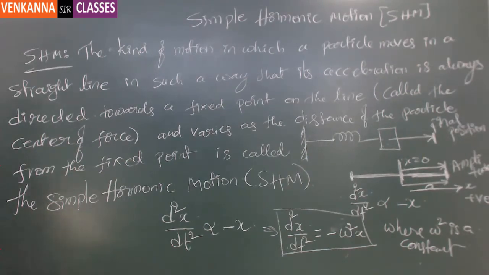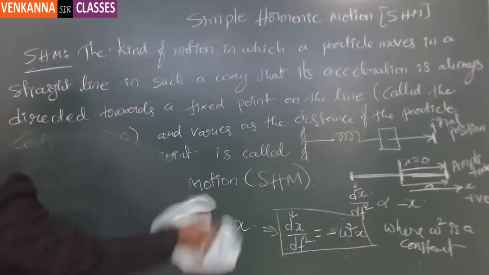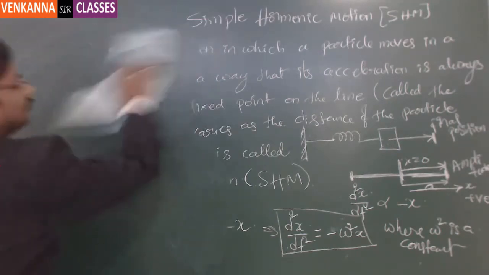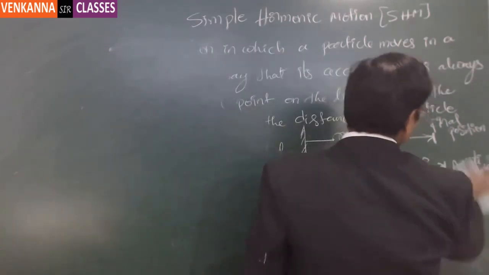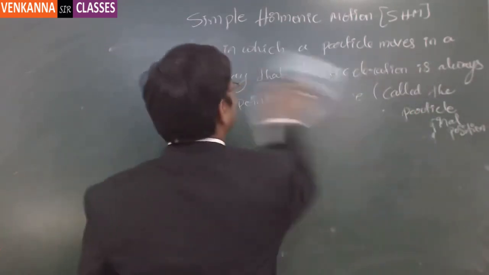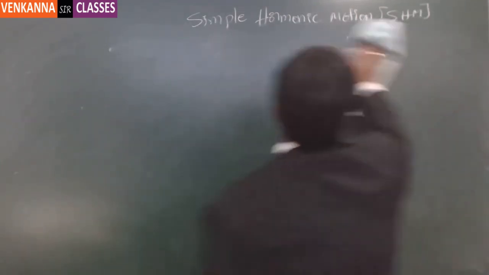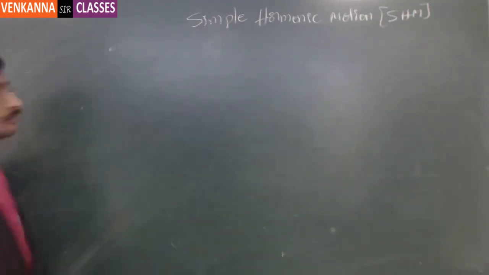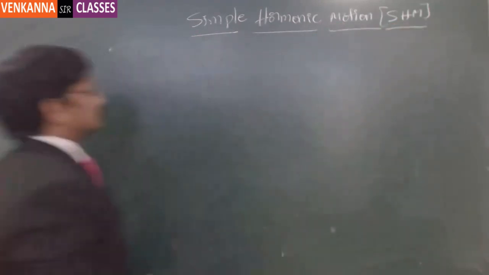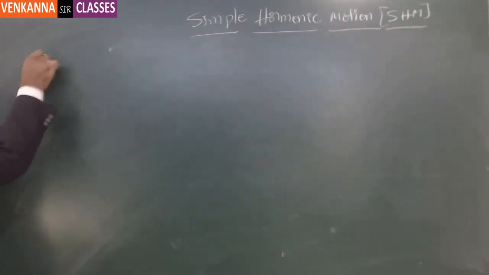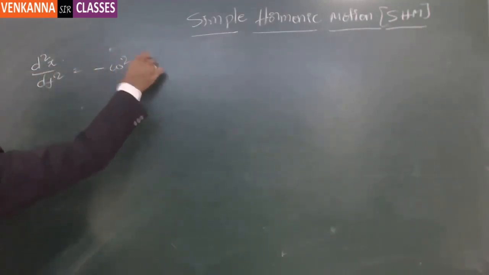Noted. Now we have to solve this differential equation. So d square x by dt square is equal to minus omega square x.